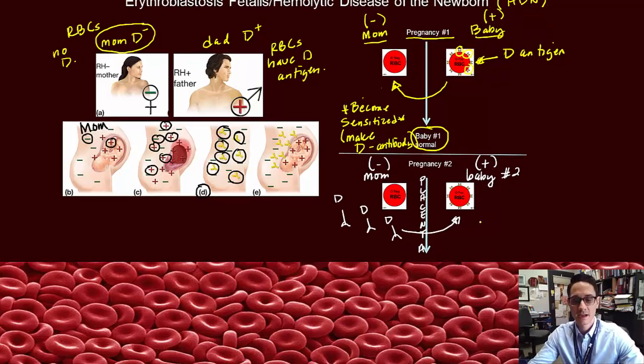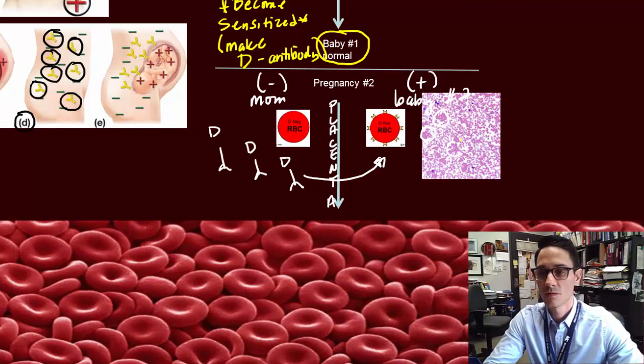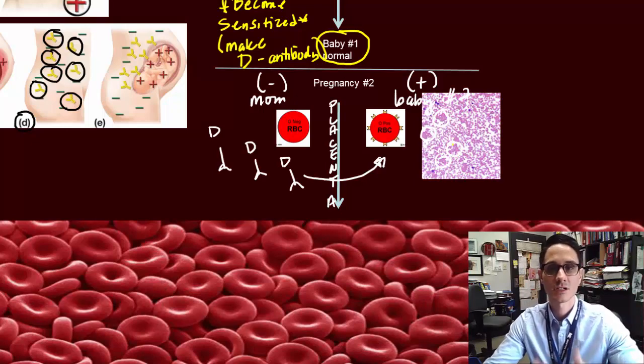And if that occurs, what can happen is we can get agglutination. That baby number 2's blood will start clumping up and agglutinating. And this condition is known as hemolytic disease of the newborn. Those red blood cells will cluster up and they'll start breaking open.